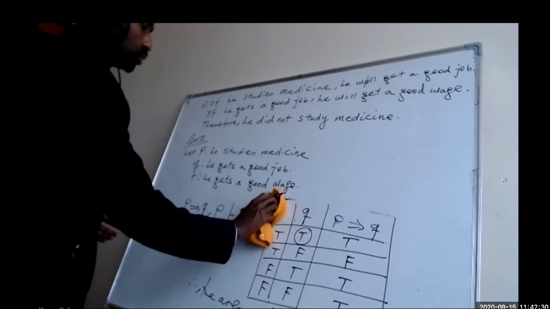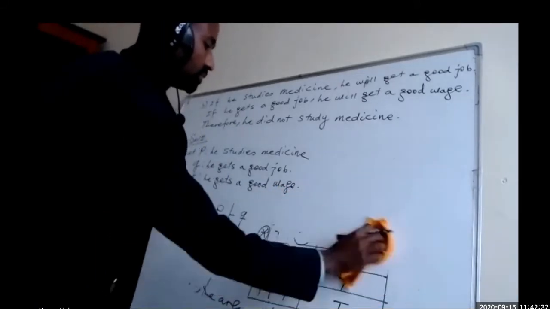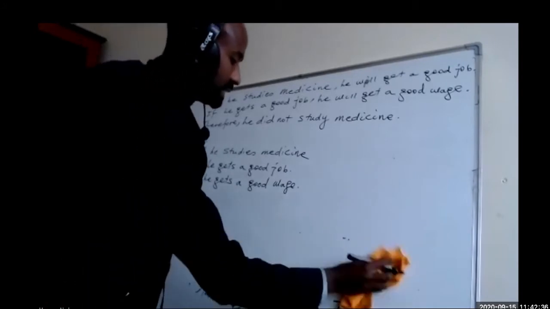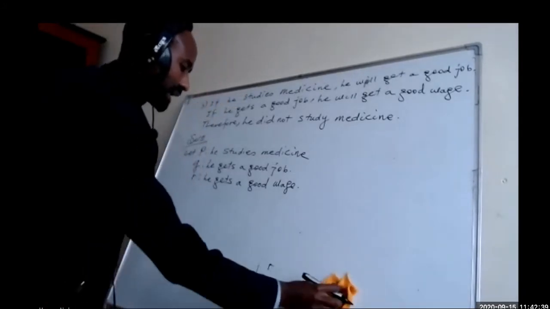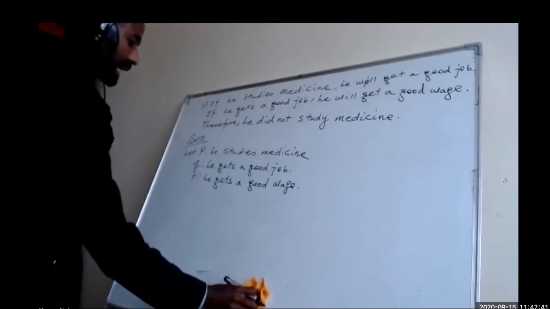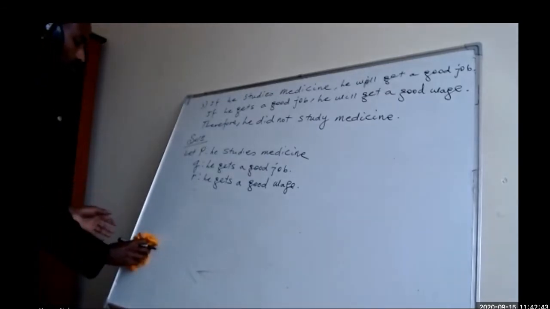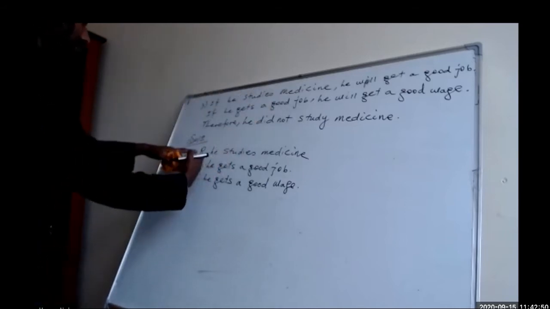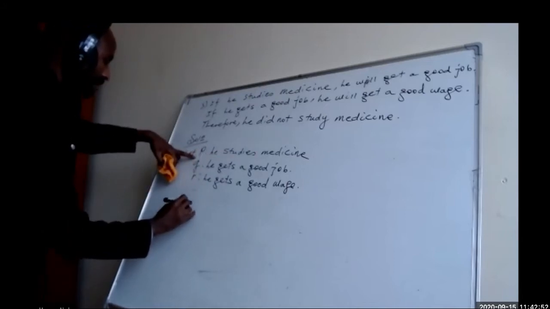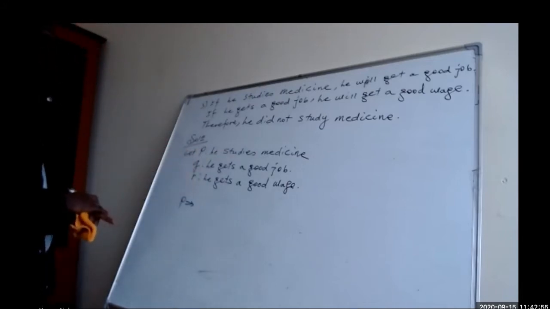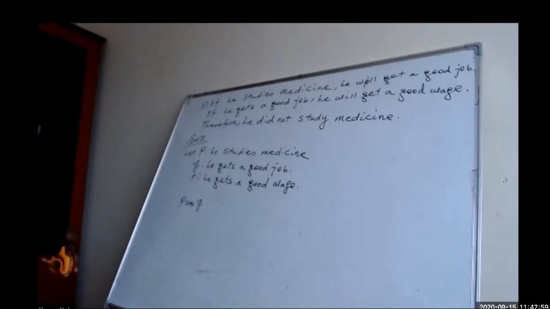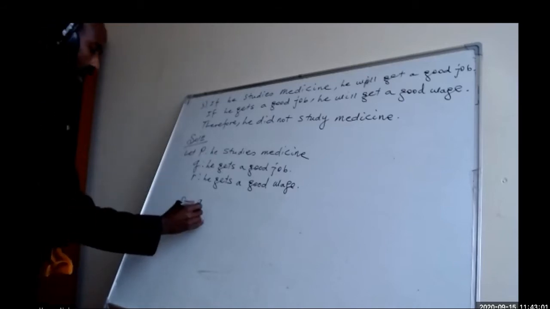So let us try to construct the logical deduction, or the so-called argument. The statement begins with if, so there is an implication logical operator. He studies medicine, P, implies he will get a good job, Q. Here it is, P implies Q. One premise.